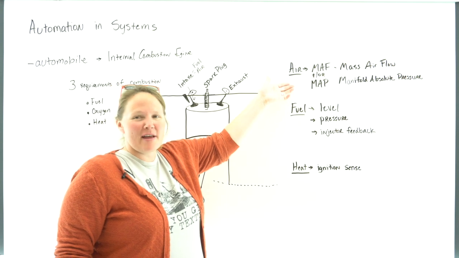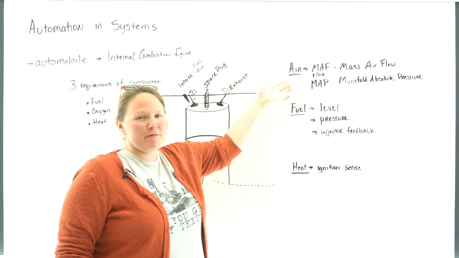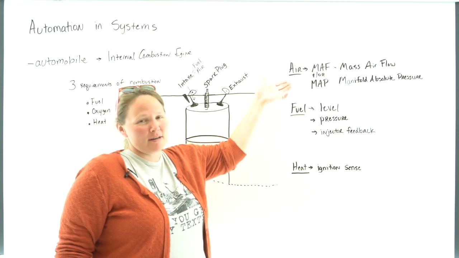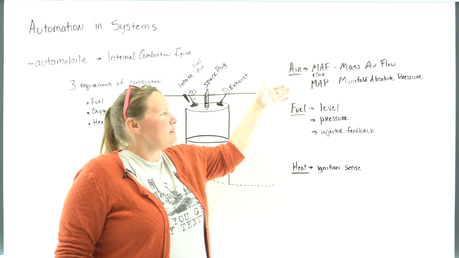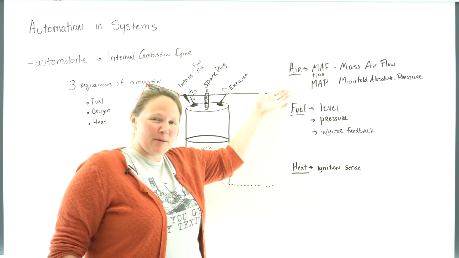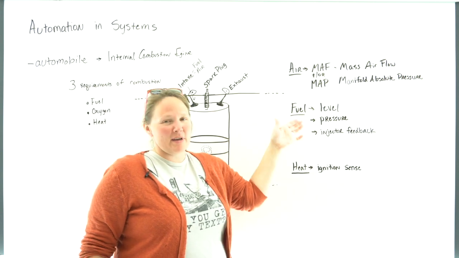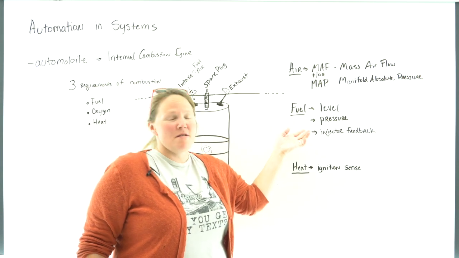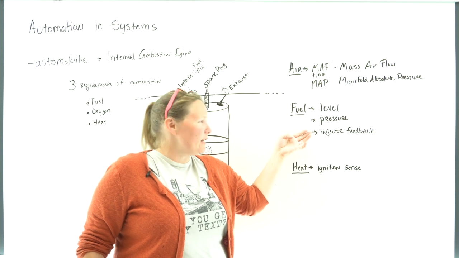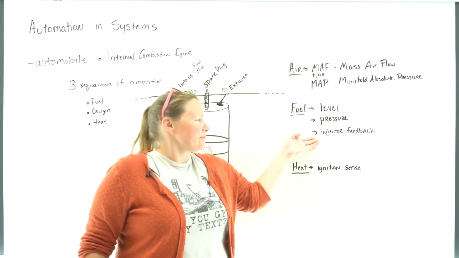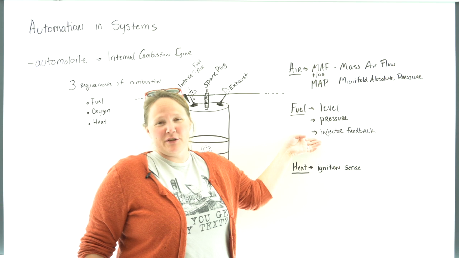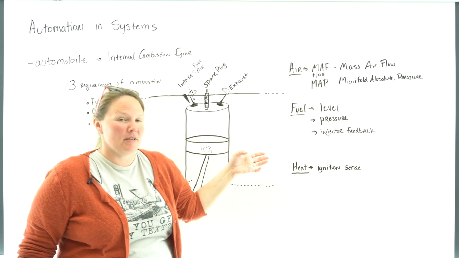To measure air, we have a MAF, mass airflow sensor, or sometimes both, MAP sensor, a manifold absolute pressure sensor. For fuel, we have the level in the tank, the pressure in the fuel rail, and sometimes we measure injector feedback as well, but not always.